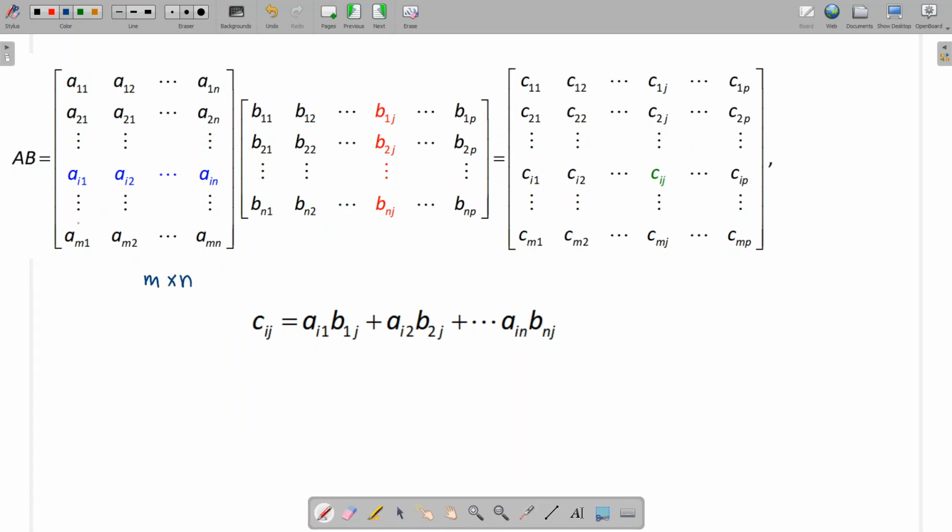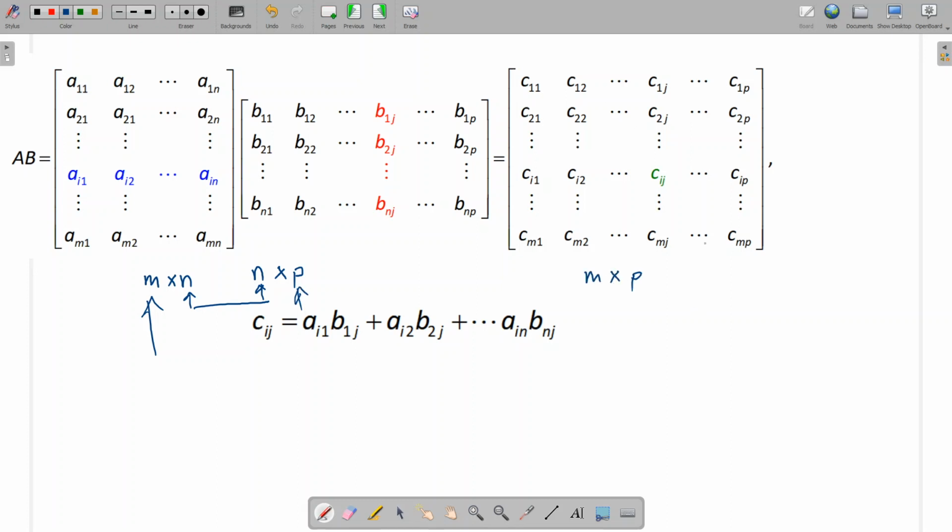It has M rows and N columns, where this one has N rows and P columns. So we can multiply these because number of columns in the first matches the number of rows in the second. We also know that the final matrix will have dimension of M by P. It will have M rows and P columns.